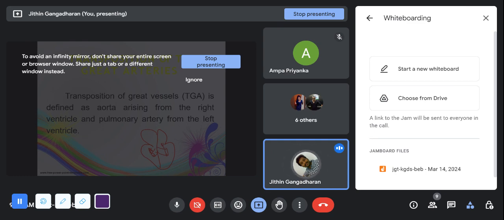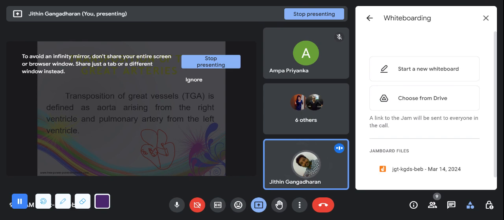The aorta, which has to take oxygenated blood to the different parts of the body, will receive blood from your right ventricle. This is deoxygenated blood, so this deoxygenated blood will again be taken into your body.